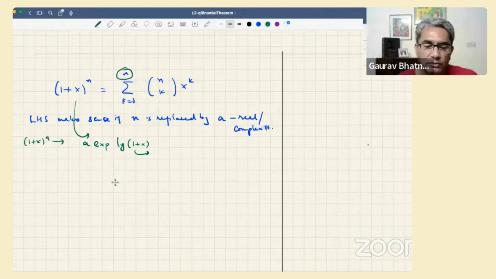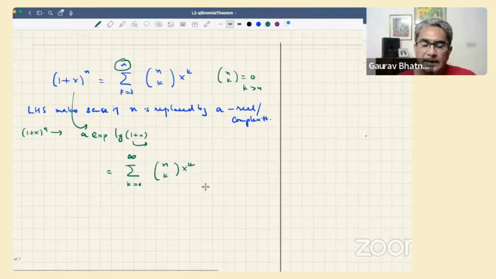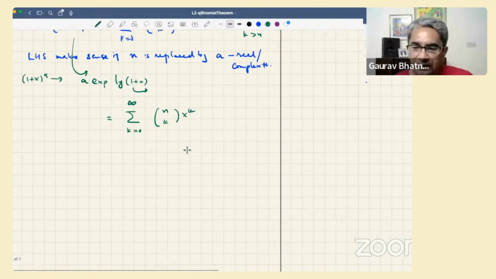So what we could do is write it as k going from 0 to infinity, and then there is no such thing. You observe that n choose k is 0 for k bigger than n, so we might as well just write it like this. Now it's an infinite series.